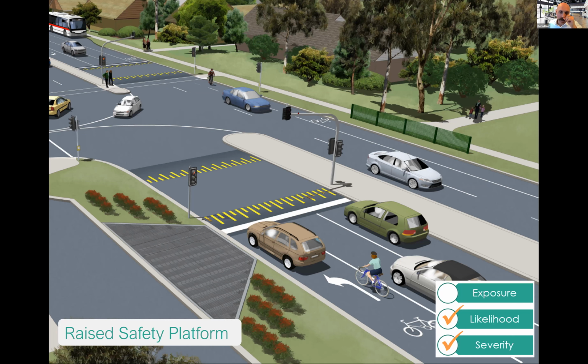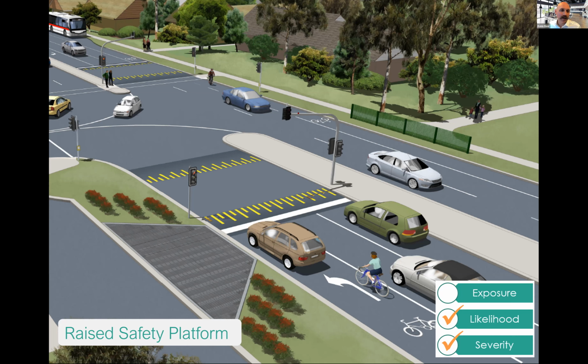We know signals, people run the red light. What can we do to that severity? How can we alter the severity of the crash? This is great. This was our real first time that anybody was meaningfully talking about severity of crashes when signalizing major intersections.